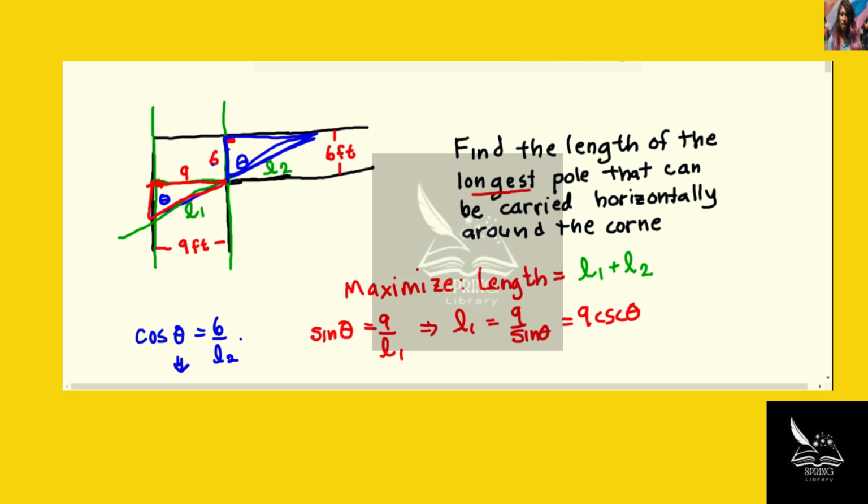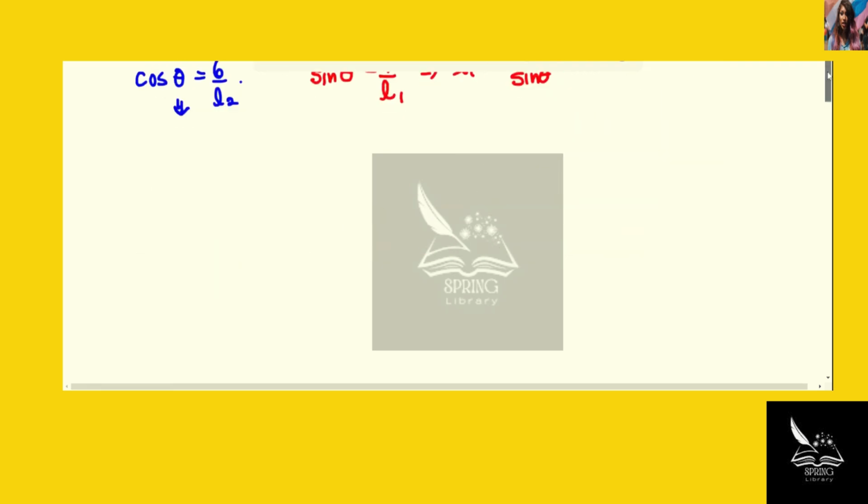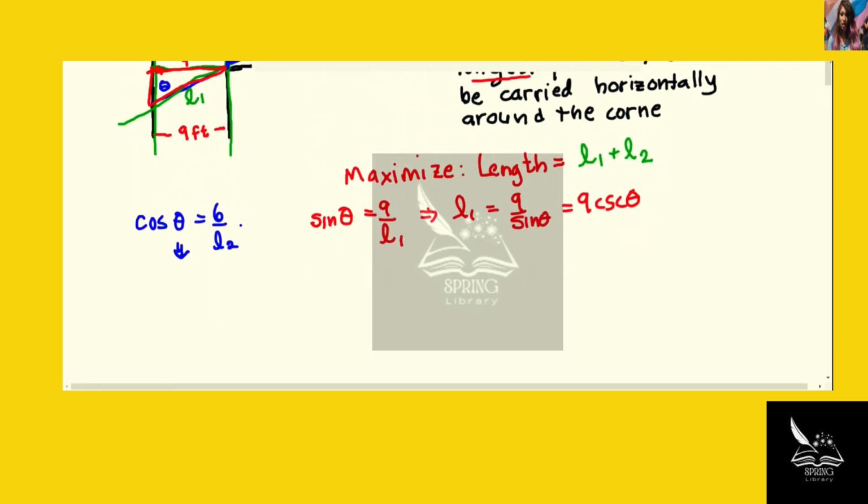Sorry, a little moving trouble there. L2 equals 6 over the cosine, which is 6 times the secant of theta. So now we have length equals L1, which is 9 cosecant theta, plus L2, which is 6 secant theta.